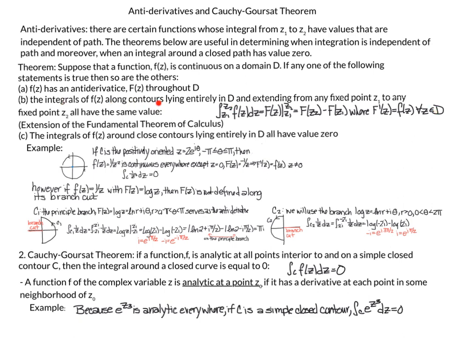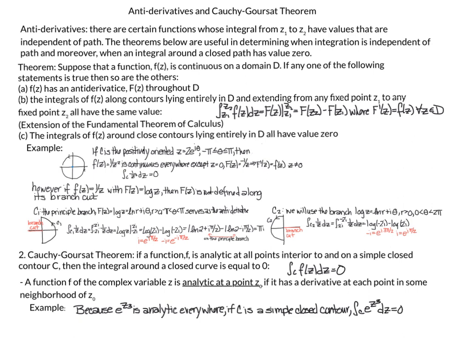So all the contour integrals are simply equal to the antiderivative, capital F of z, evaluated at z2 minus z1. 3. The integrals of f of z around closed contours lying entirely in D all have zero values. Again, if it's closed, then z1 equals z2, and our subtraction here will give us 0.